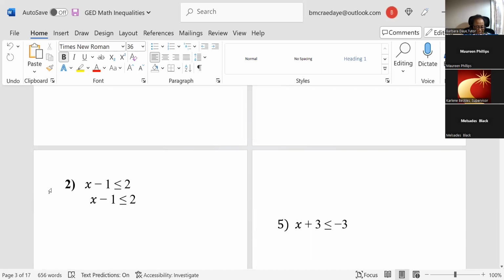What's x equal to? What do you have to do, Maureen? You got to subtract both sides. Why would you subtract, Maureen? If you subtract, you'll still have constants on both sides. Add 1 on both sides, Miss. That's it. You got to add 1 to both sides.